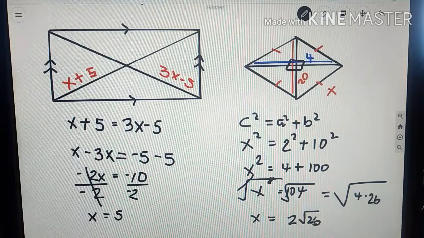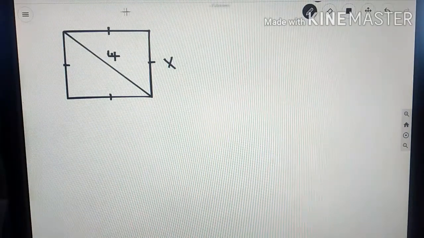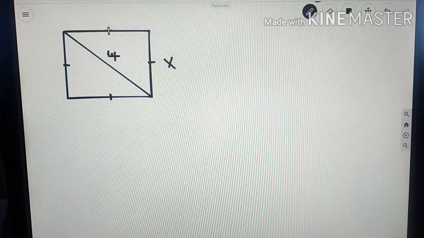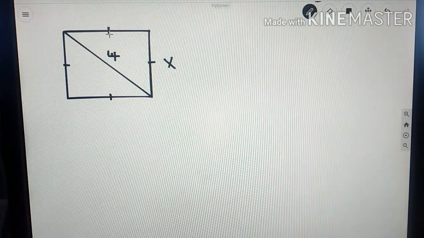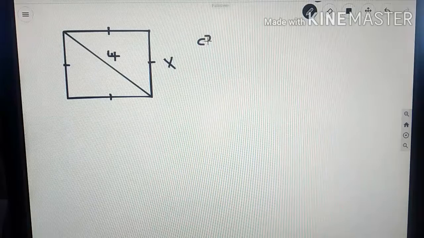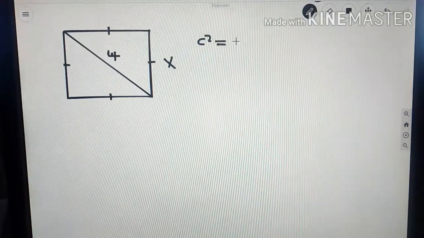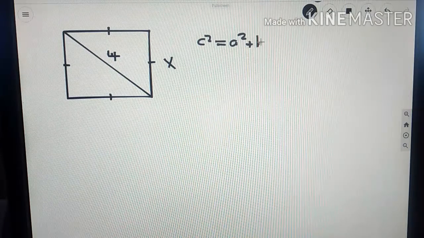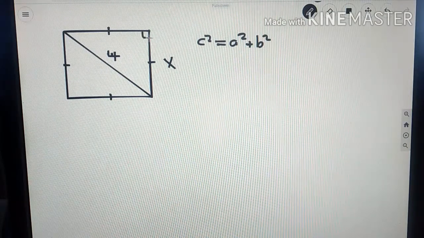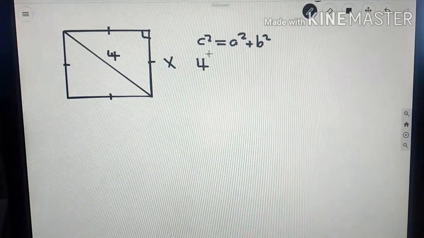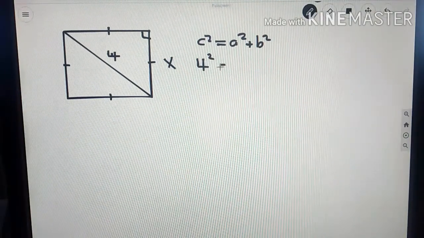The last example, we have here a square, and we are looking for the side. The same thing, we will be using the Pythagorean theorem. The formula: c squared is equal to a squared plus b squared. Okay, so this one is right to the opposite, so automatically this will be our hypotenuse.